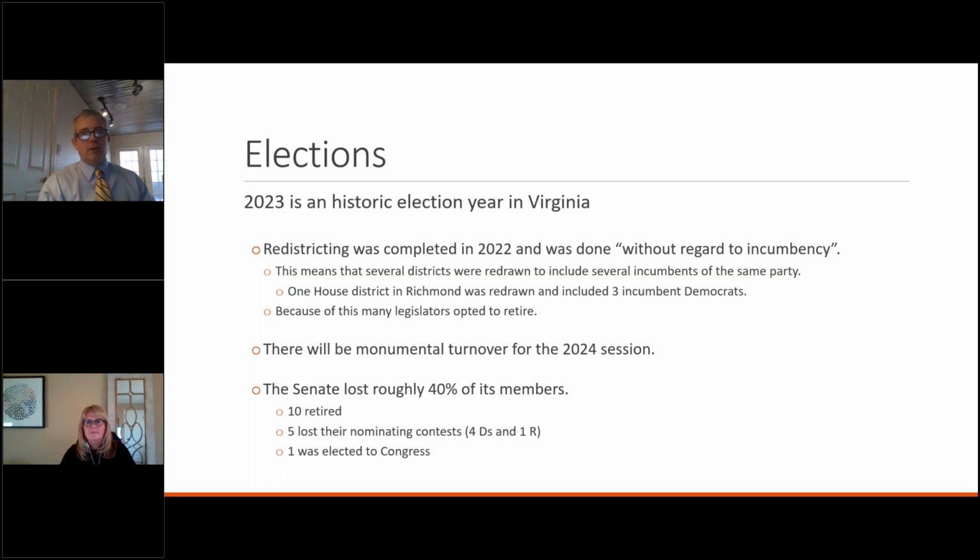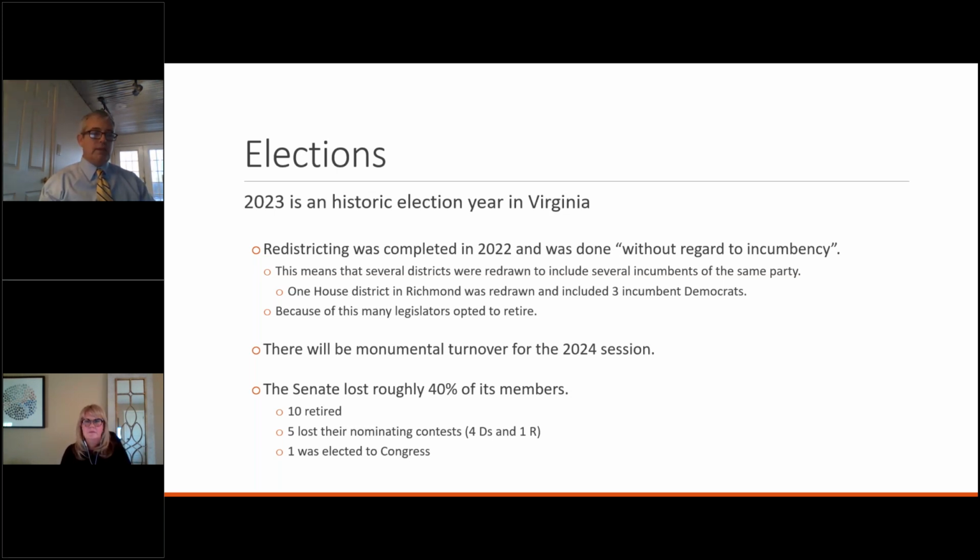Because legislators don't really like fighting with each other, at least if you're in the same party, many legislators opted to just retire and say, my political career is done, I'm just going to hang it up. So there was monumental turnover after the 2023 elections, and even before the 2023 elections. Before we even got to election day, we lost 40% of our incumbent senators, to include almost all of the leadership.